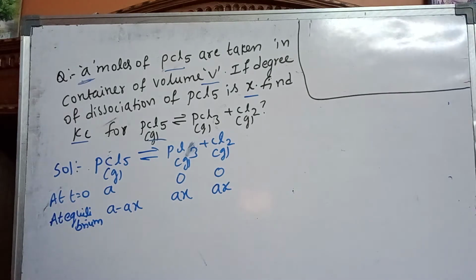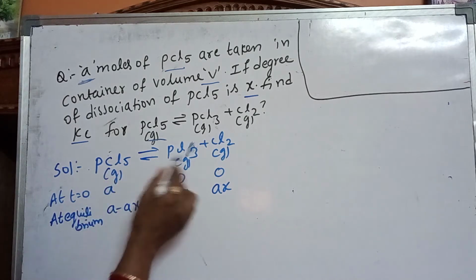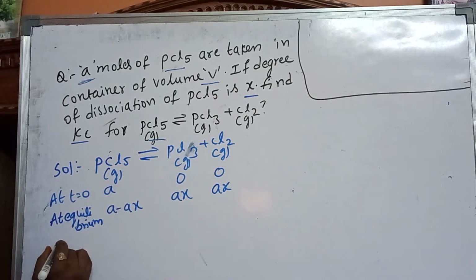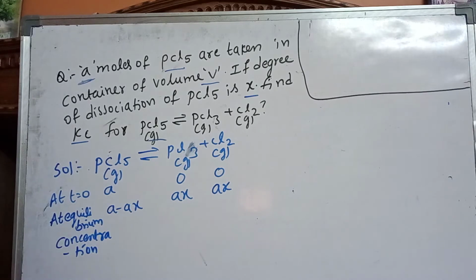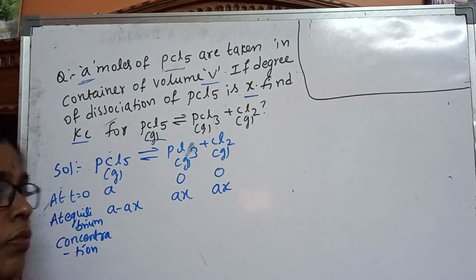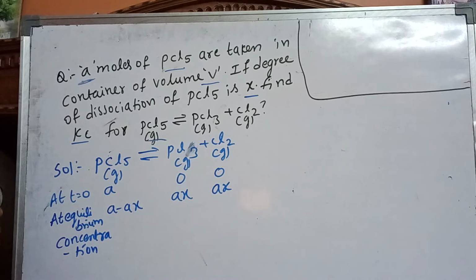So next, these are only numbers of moles, but for the calculation of Kc, we require the concentrations of these compounds. So here we can calculate the concentration at equilibrium. What is that formula? Molarity is equal to the basic formula n by V, number of moles by volume, isn't it?